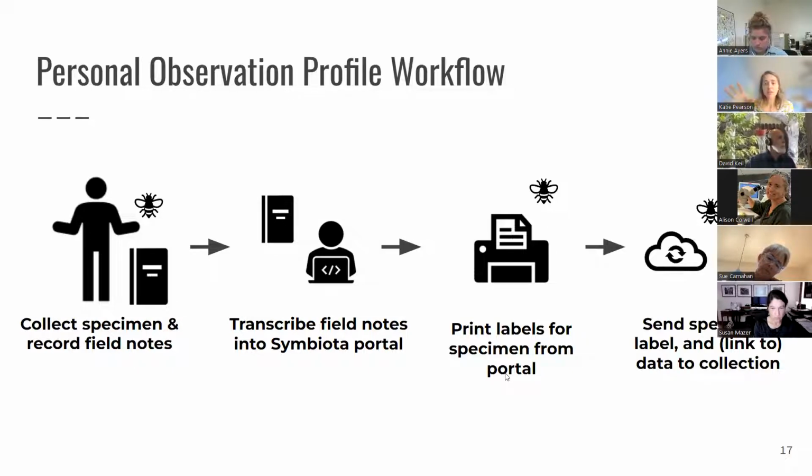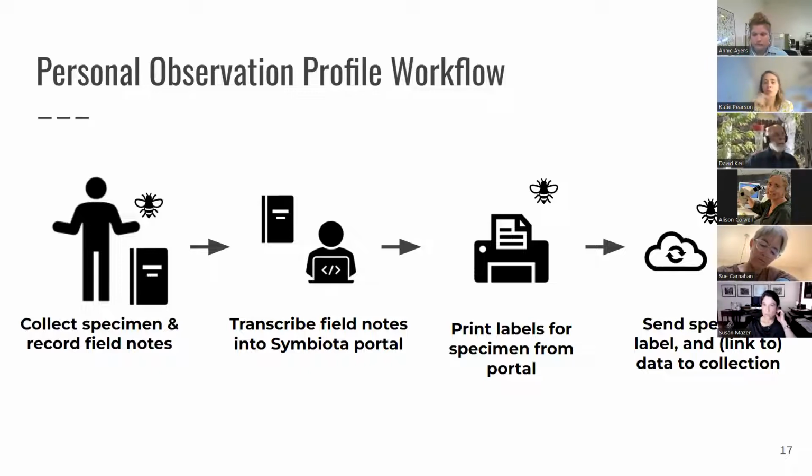And then, because all the data is in this nice standardized format, they can just send that specimen label and the data and the specimen directly to the collection that is going to accession that specimen into their own collection. There are multiple ways that you can send specimen data, and I'll talk about that in a moment.